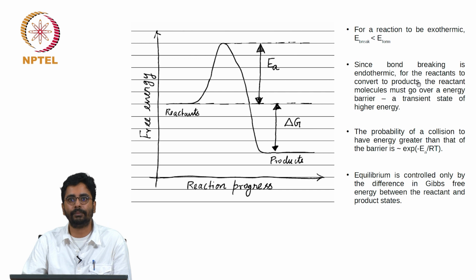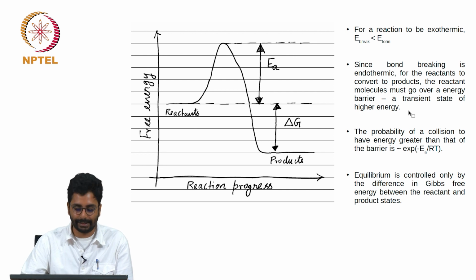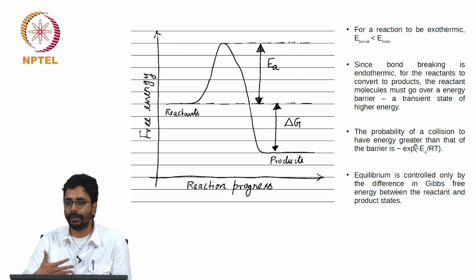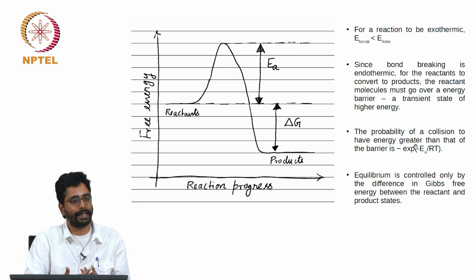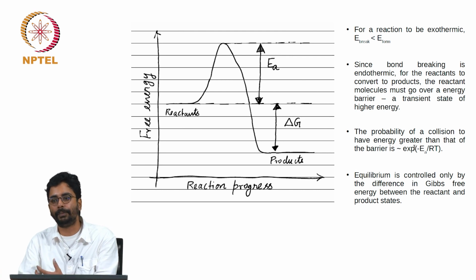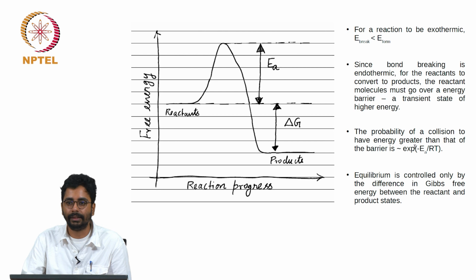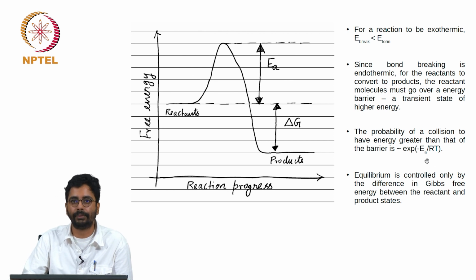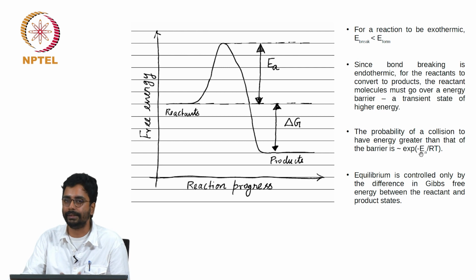For the reactants to convert to products, the reactant molecules must go over an energy barrier, or a transient state as it is called. It is because the bond breaking process is endothermic, and when you have created a mixture of this kind, the probability that a collision is energetic enough to create a sufficient number of transient state radicals or transient state molecules is proportional to exponential minus EA by RT, the Arrhenius function.